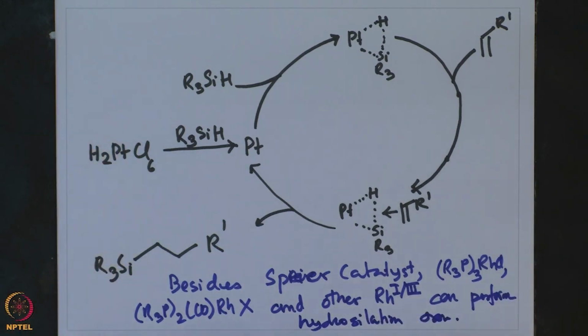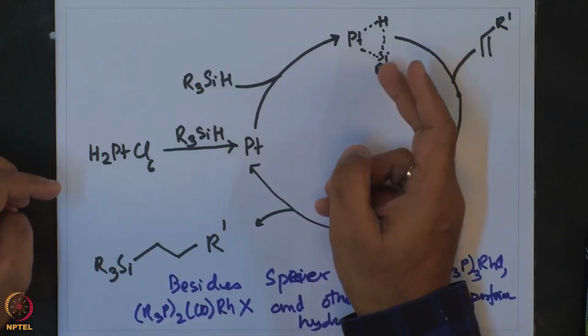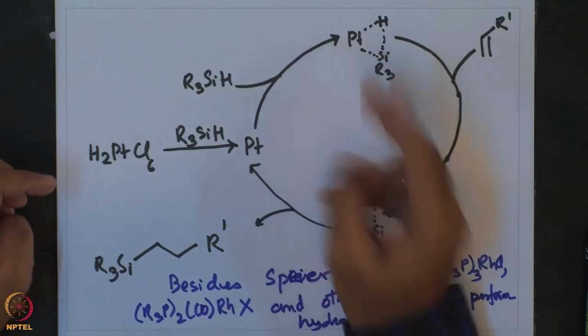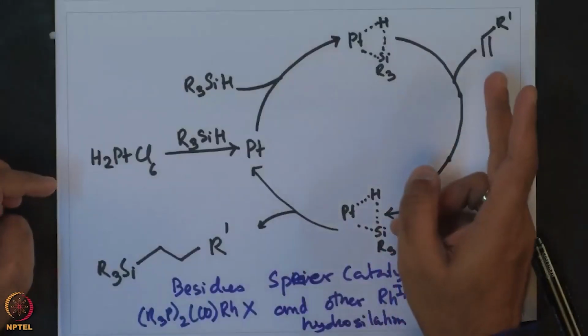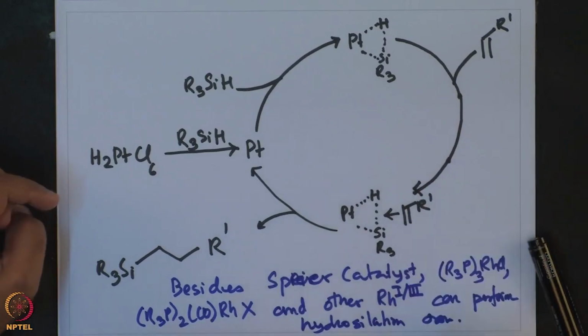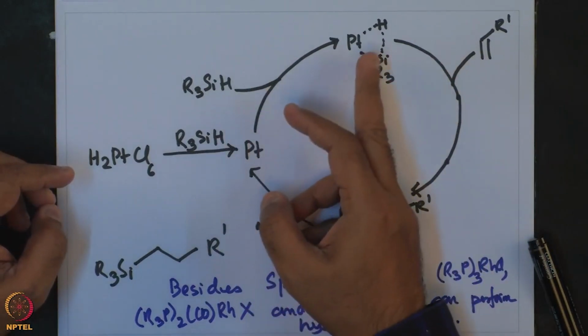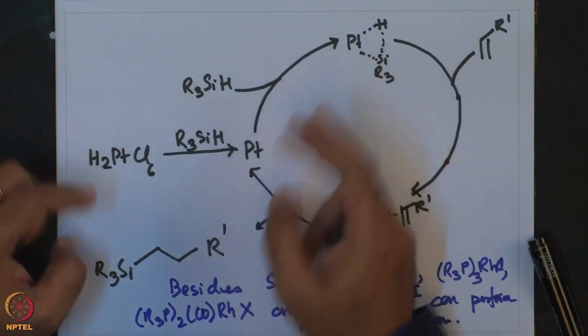Now, one thing crucial about the platinum catalyzed hydrosilylation reaction is the formation of this activated eta 2 silane complex of platinum, which then undergoes this attack from the olefin. The other interesting thing is the addition of this platinum silyl hydrogen bond to the product.